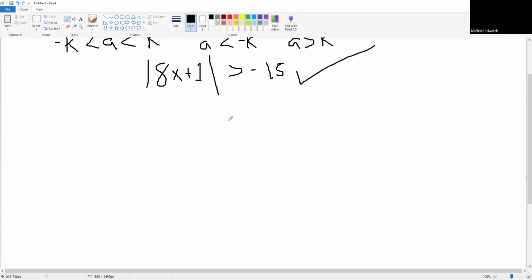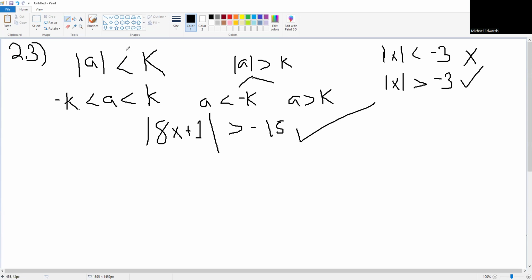So to rewrite this, we use our properties here. So this is a greater than. So we rewrite this using this property here: 8x plus 1 less than. So that's a negative k, and we already have a negative number, so that's just going to be 15.